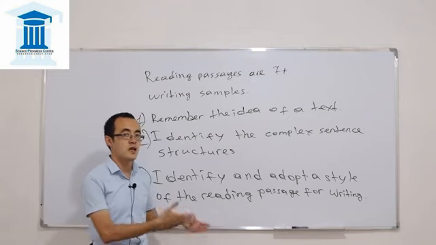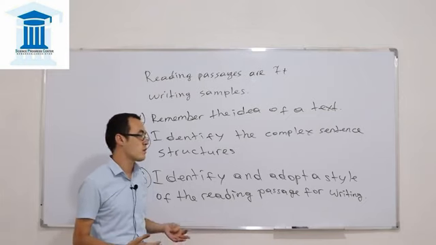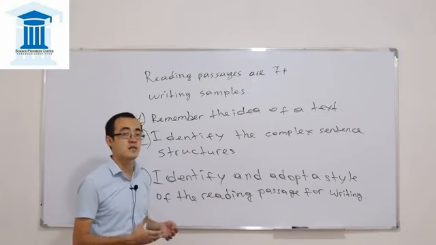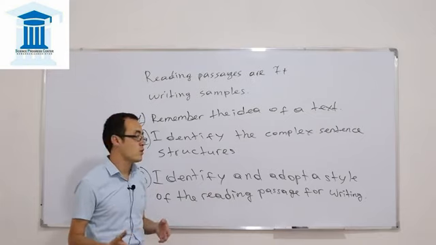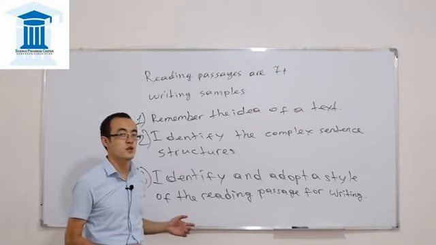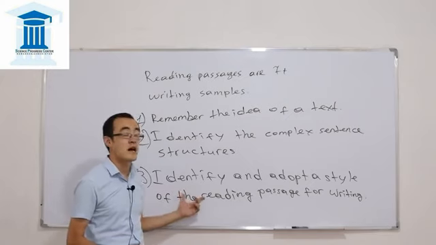Is it an academic style or a style related to literature? Maybe he's writing in a scientific way, maybe he's writing only his opinions. So you need to pay more attention to the general style of it.